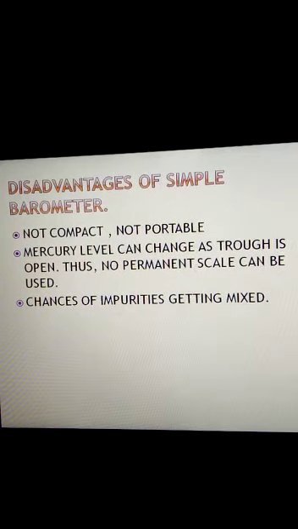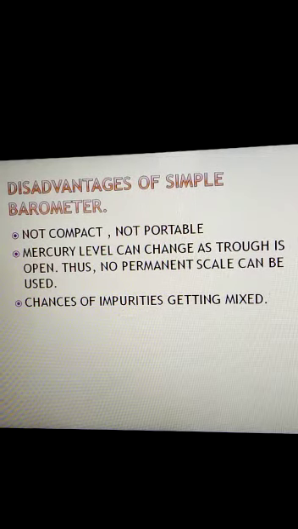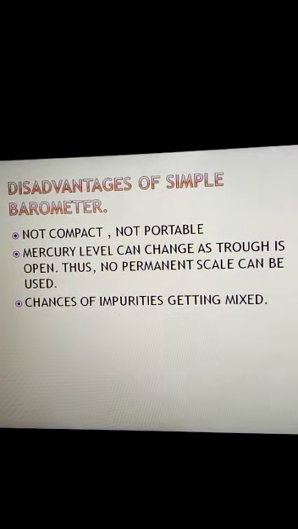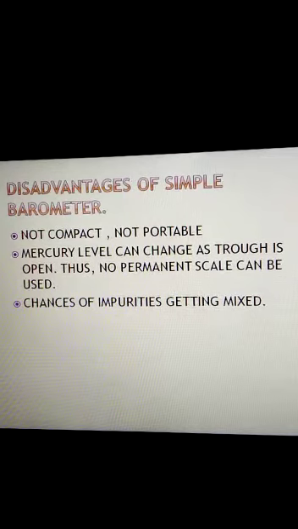It is not compact, not portable. We cannot take it from one place to another as it is open. The mercury level can change as the trough is open, so no permanent scale can be fixed to use for the mercury level from place to place.